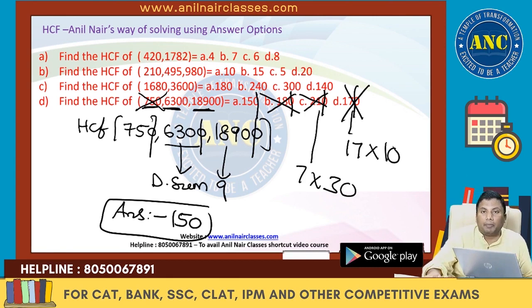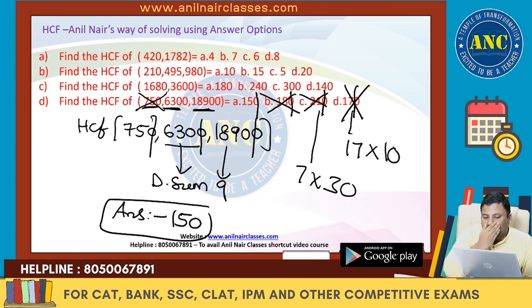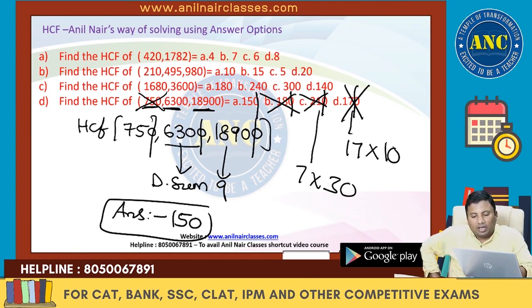Right? Again I am repeating. 750, 6,300, 18,900. I removed one 0 from each at the end. If I look at option B, 180, the digital sum is 9. 6,300 digital sum is 9. 18,900 digital sum is 9. 750 digital sum is not 9.